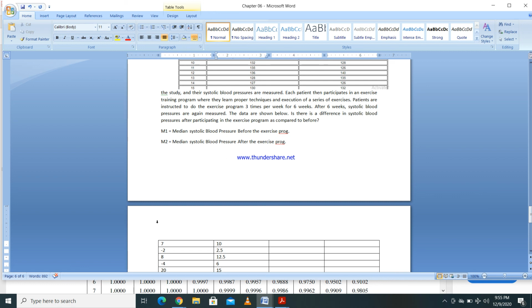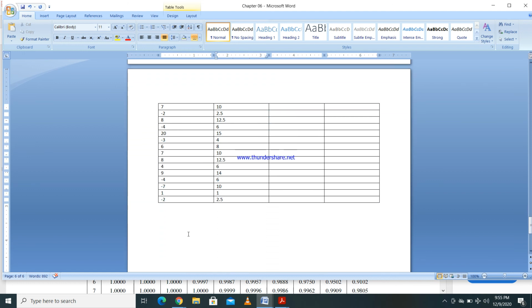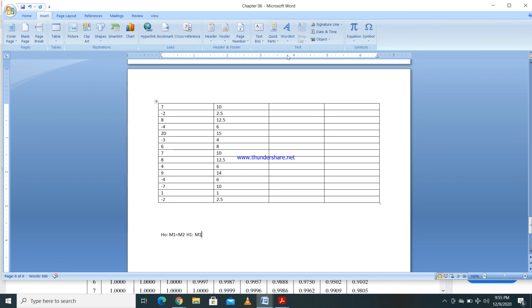Since you just want to check whether there is a difference or not between these medians, or between the systolic blood pressure levels, you can conduct a two-tailed test, that is M1 equal M2 versus the alternative M1 not equal M2. This is your hypothesis.